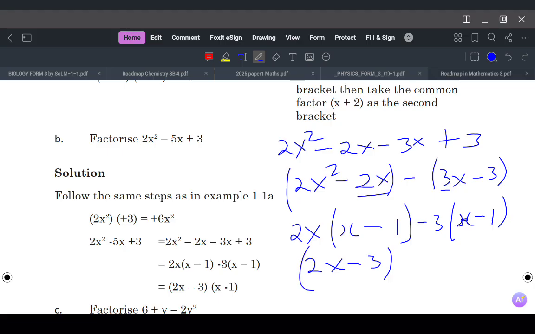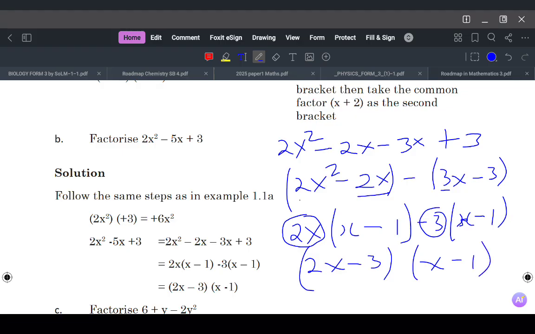And then the outer terms will also form their bracket. Okay, so in this case, we have taken the outer terms, which is 2x and minus 3, and then we have x minus 1.